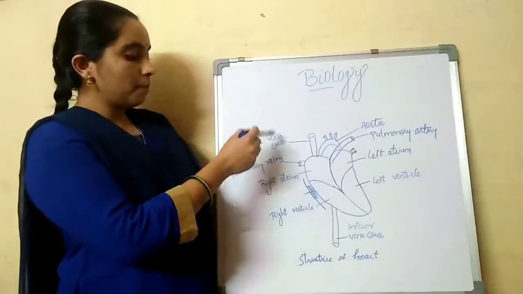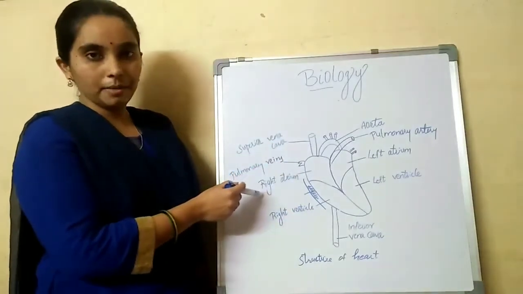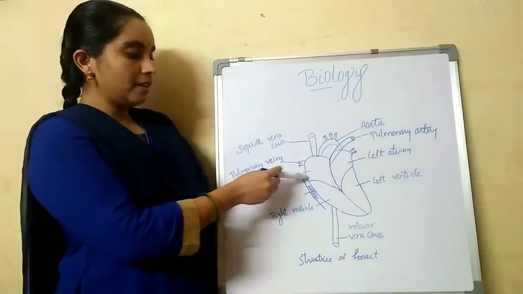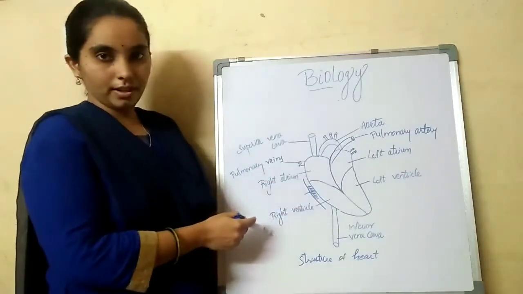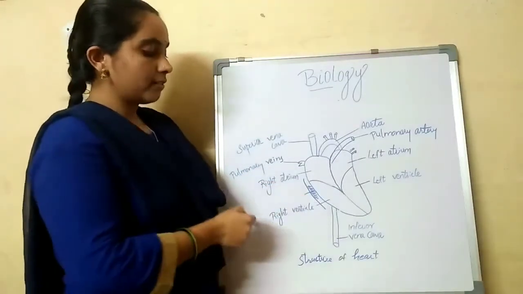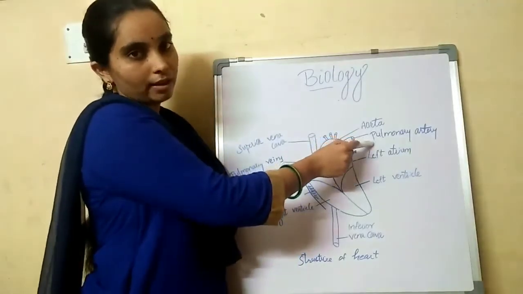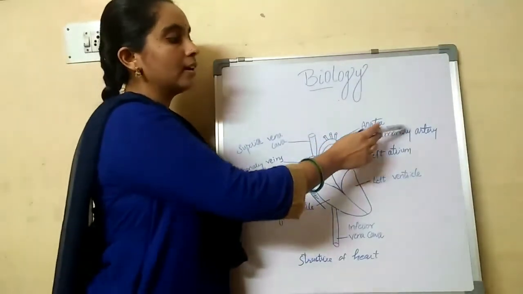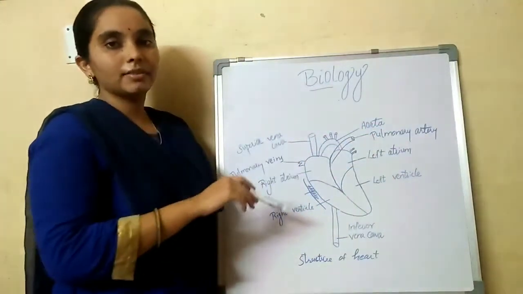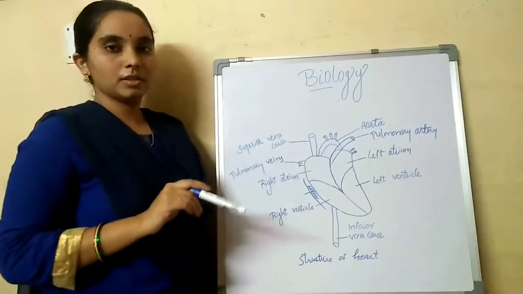The collected deoxygenated blood will be passed to the right atrium. Now this right atrium will send the blood to the right ventricle, and this right ventricle will pass the blood to the pulmonary artery. Now this pulmonary artery will send the blood to the lungs for the oxygenation of the blood.